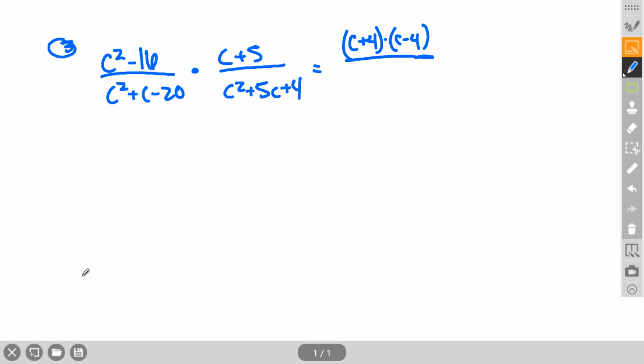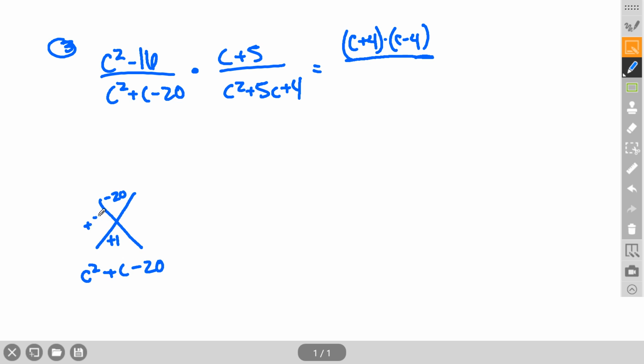All right, and then next we want to factor c squared plus c minus 20. We're going to be doing this using the x method here. So in the top of the x is going to be the last number, negative 20. Middle of the x is going to be the coefficient of the c, which is positive 1. We'll be looking for two numbers that multiply to negative 20 and add to positive 1.